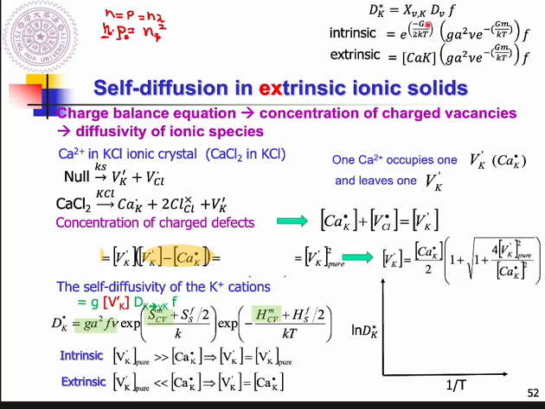I will have this and this plus this one. So this slope will be larger than this one, because this is a dopant concentration, nothing related with temperature. So I only have this term. When I draw this extrinsic dopant control part, it will be a lower slope, shown like this, with only a migration enthalpy.